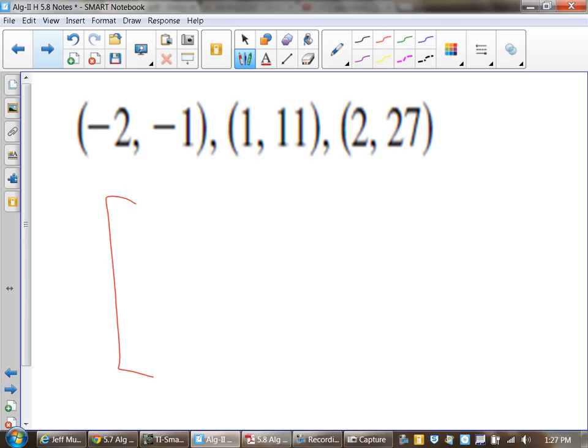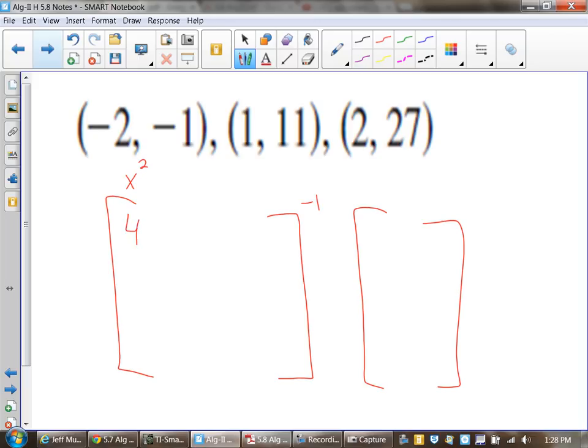-2 squared is 4, right? This first column is always x squared. 4, 4, 1, 4, 9, 4.